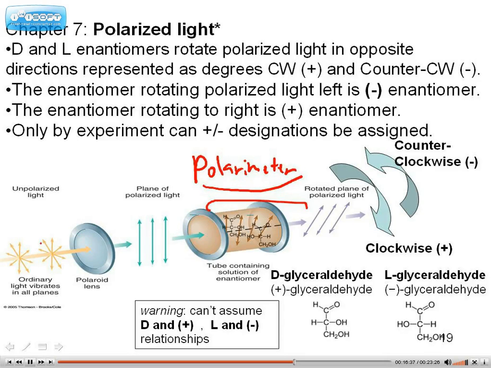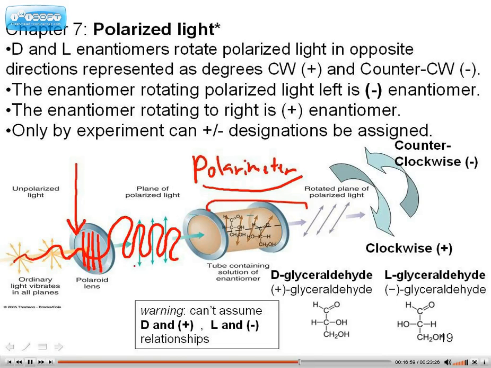A polarimeter has on one end a polarized lens. What that means is the lens has tiny little slits, and it basically cuts the light into single planes of light, which we call polarized light.